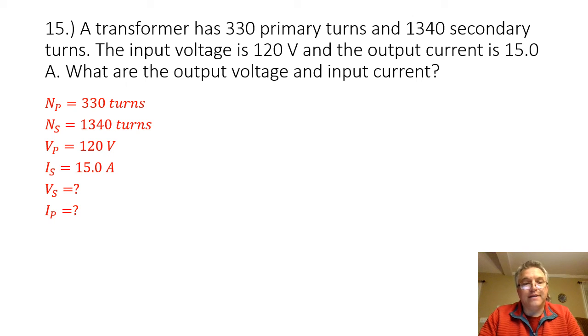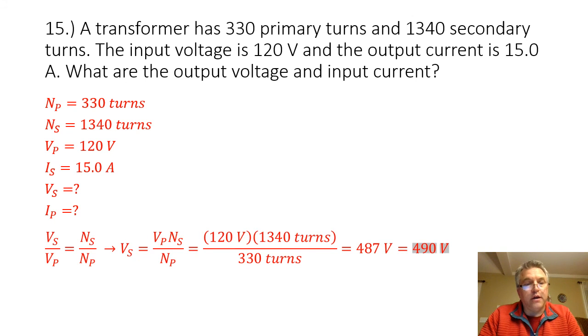To find the secondary voltage, I know I need to use Vs over Vp equals Ns over Np. I'm given 3 of these variables, so I just need to find the 4th. I'm given both the primary and the secondary number of turns, and I am given the primary voltage, and I'm just being asked to find the secondary voltage.